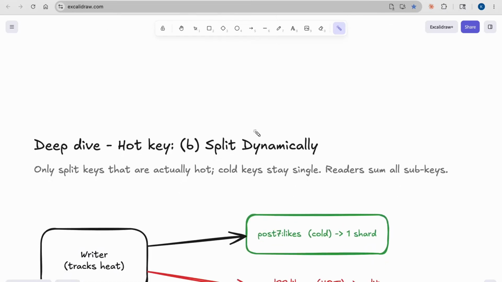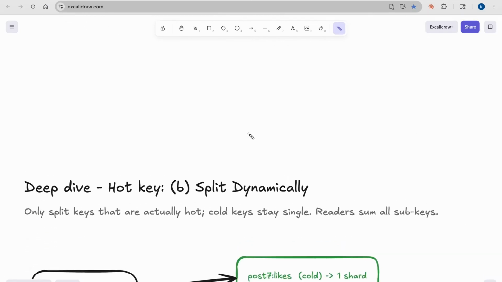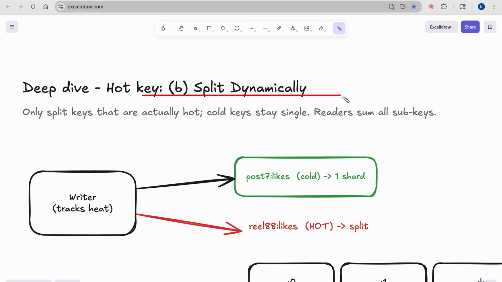That was splitting the key, and there's also splitting the key dynamically. We decided the key was going to be hot, so we split it statically.